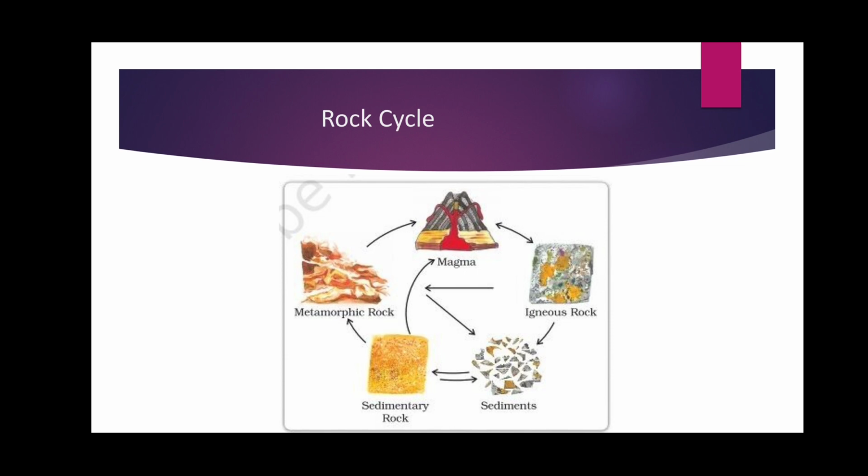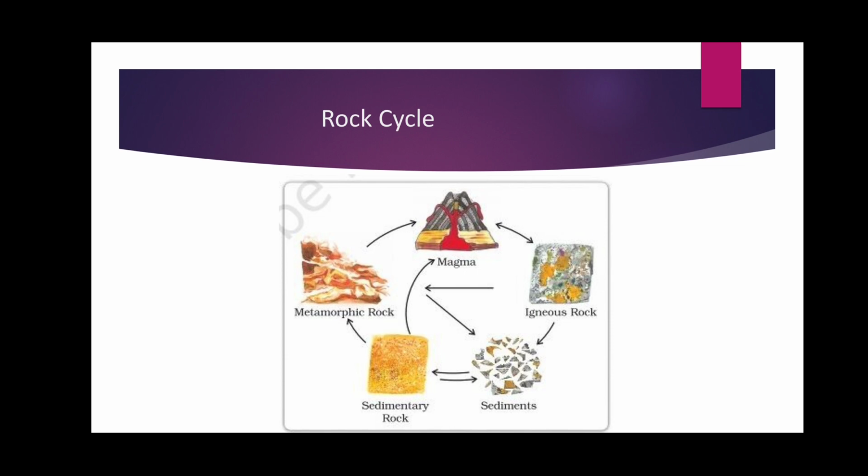So first of all, you have already learned that when the molten magma cools, it solidifies to become igneous rocks, which can also be called primary rocks. These igneous rocks are broken down into small particles that are transported and deposited to form sedimentary rocks.